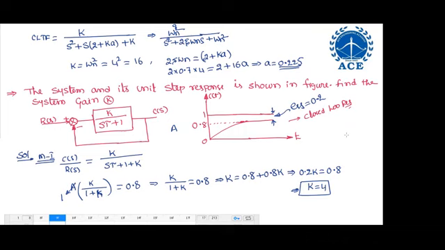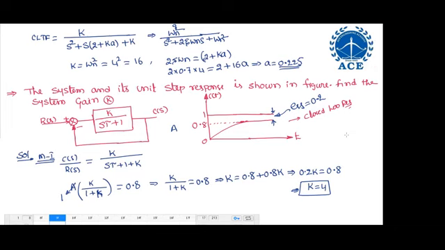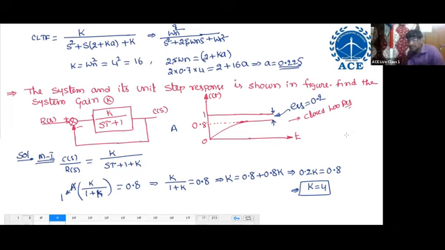Sir, finding steady state errors is sometimes a bit confusing. Compare the type and the input, that's all. For unity feedback, I directly compare the type and input, sir. Yes. For non-unity feedback, whatever question is given, I gave one formula. Find the closed loop transfer function and substitute. That's all. Directly you'll get the answer.